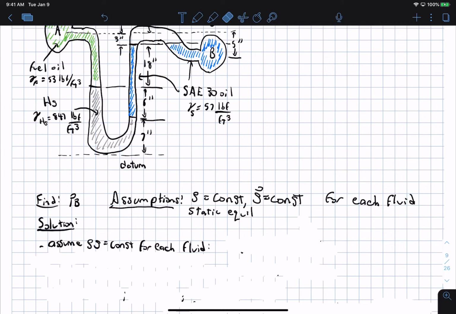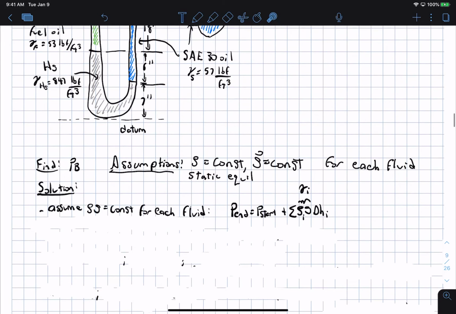So based on that assumption, we can use this equation where the pressure at the end is equal to the starting pressure plus the sum of rho i for all the fluids times g times delta h i. Recall that rho times g is just the specific weight of the fluid.